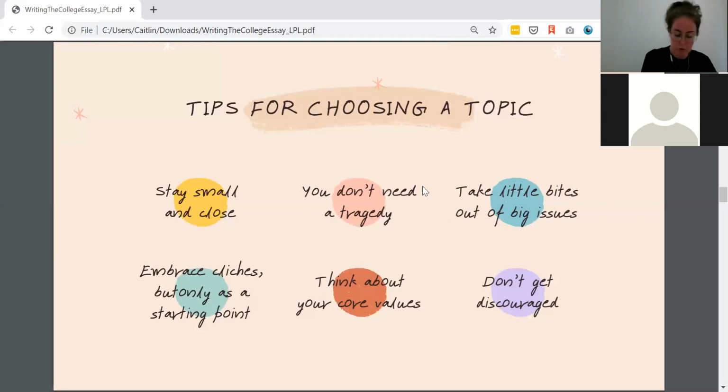You want to think about your core values, which is when you think about what is important to you, whether it's honesty, vulnerability, tenacity. You want to take that value and then connect it to something small and close. So something tangible. So you want to think about how your honesty reflects in how you approach, I don't know, something like if you were 8 years old and you stole a candy bar.